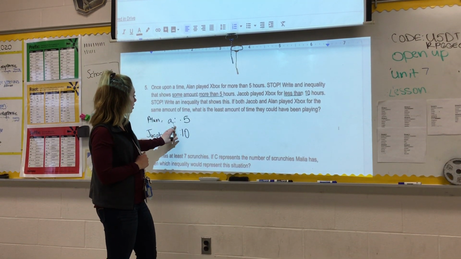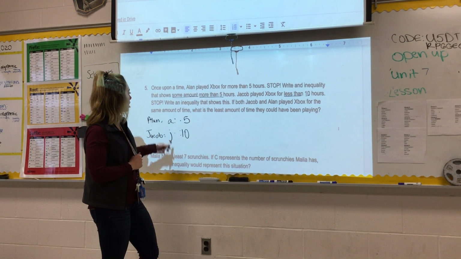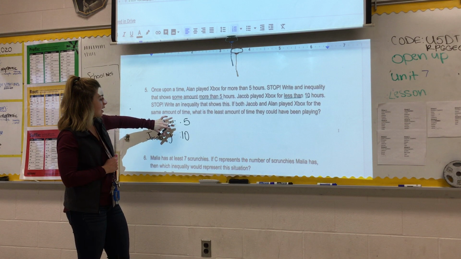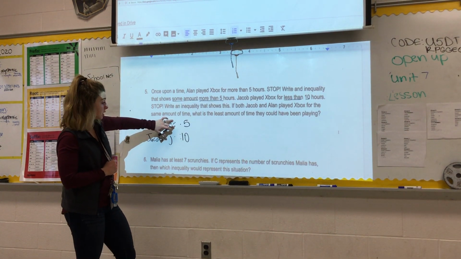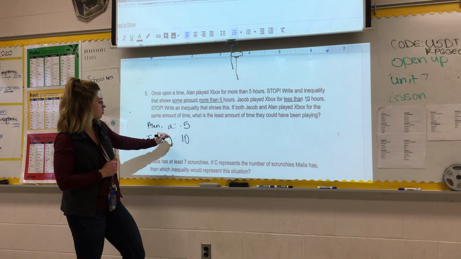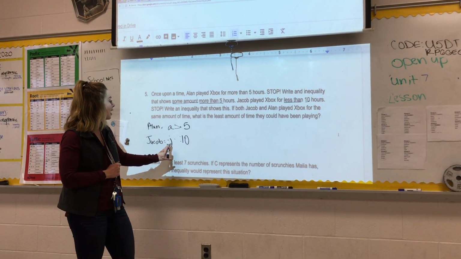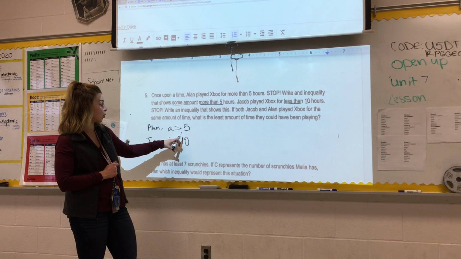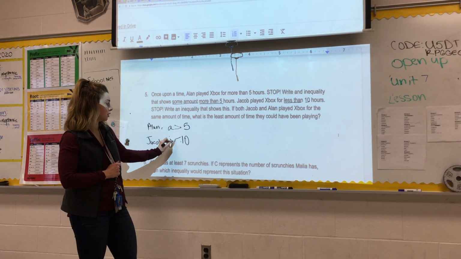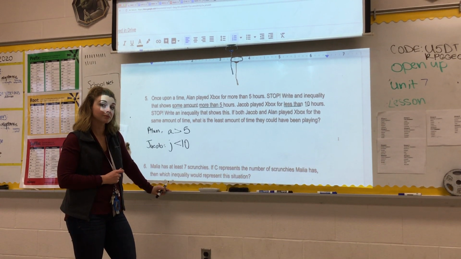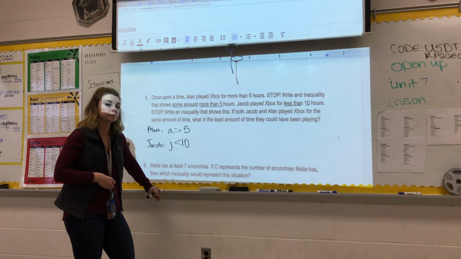Whichever one has more, like in this one, Alan had more than 5 hours. So just like Ms. Phillips said, the 2 dots went by Alan, and the 1 dot was less, so it went by 5, and then you just connect it. Boom, and you're done. That's pretty cool. And then in this one, the J is less, so it gets the 1 dot while the 10 gets the 2 dots. Is that right for that strategy, Ms. Phillips? Yes. And that's just if you get lost in all the words.